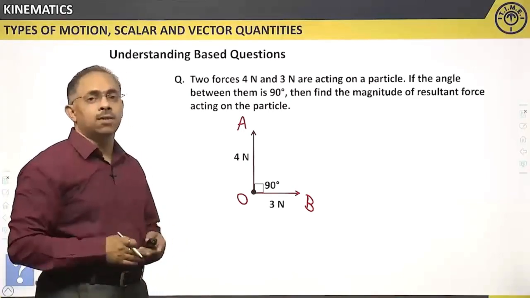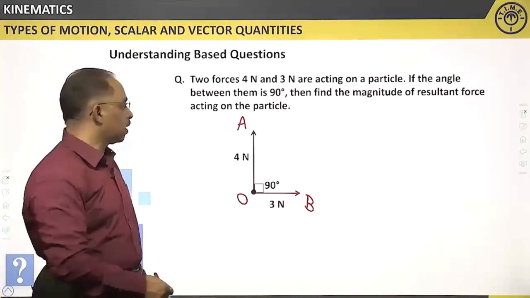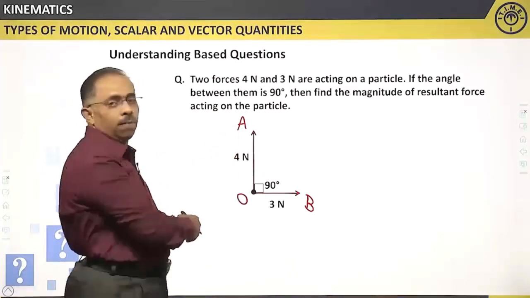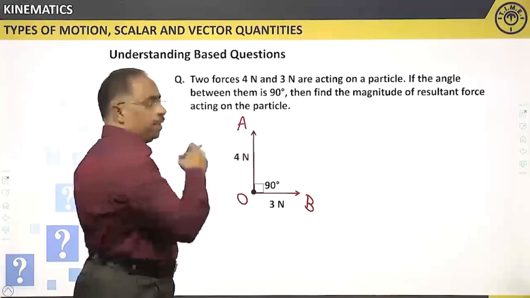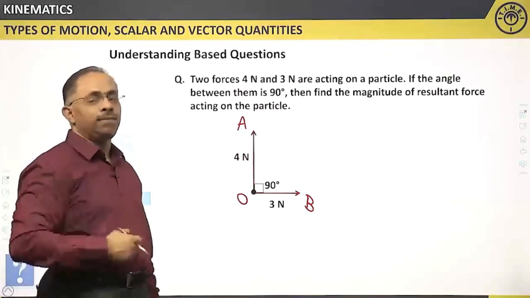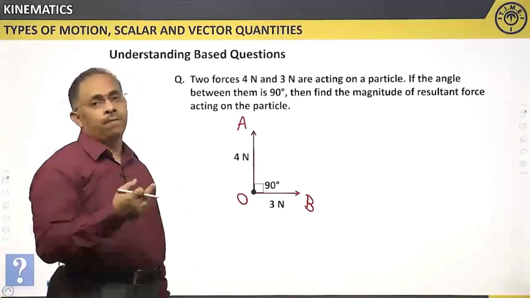If I want to know the resultant of these two, what I will do is take a component of the vector along OA, parallel to it, from B, because to add two vectors, the convenient way is to start the second vector from the end point of one vector.